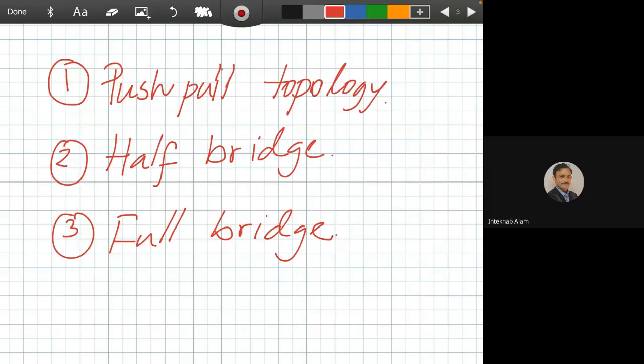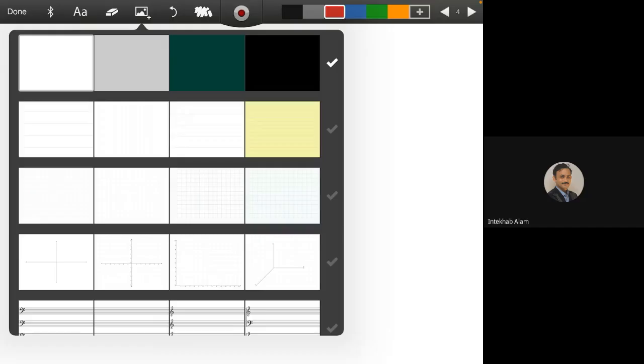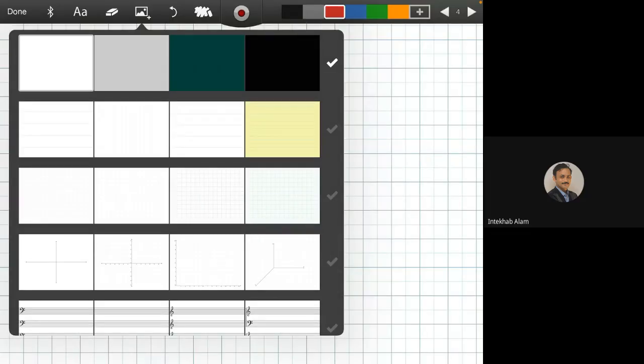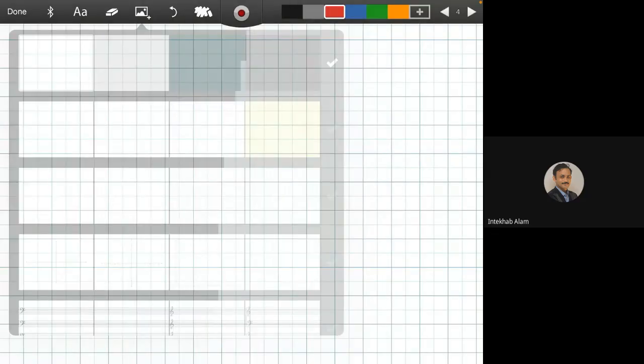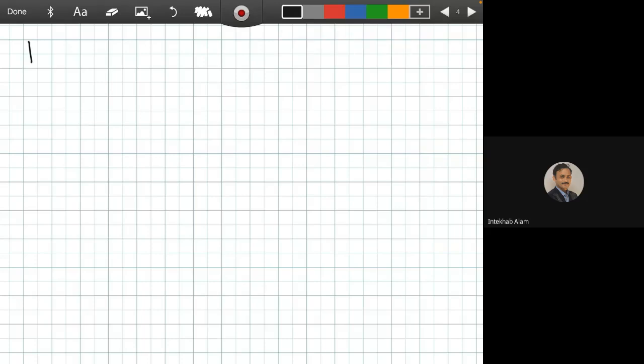So we have three topologies: push-pull, half bridge, full bridge. Push-pull is a very simple topology. You may understand it very easily. I am drawing the circuit of push-pull.